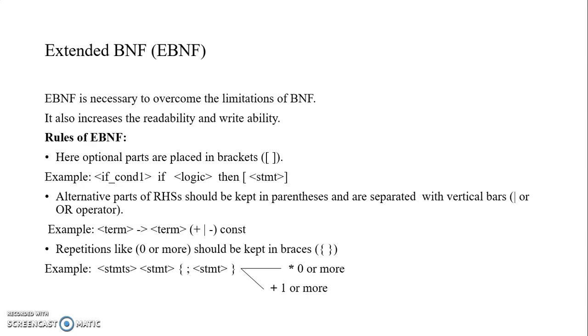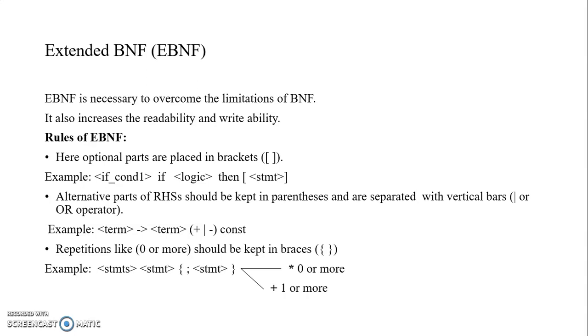The two different lines have been summarized into the same line with the help of brackets, the plus and minus operators, and the OR symbol. And here repetitions of 0 or more should be kept in braces. So you can write statement, then semicolon, then statement.